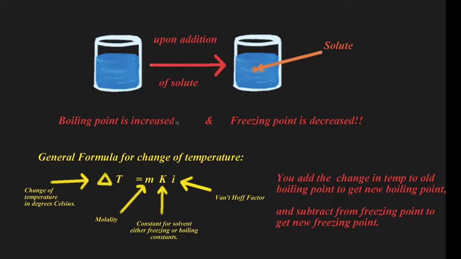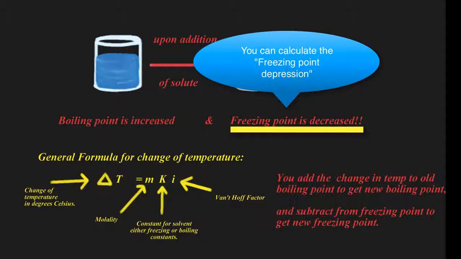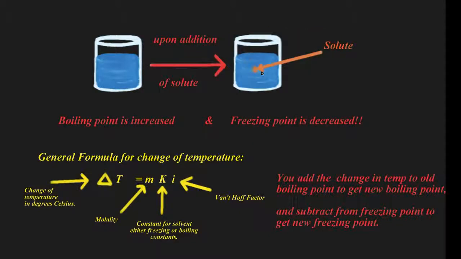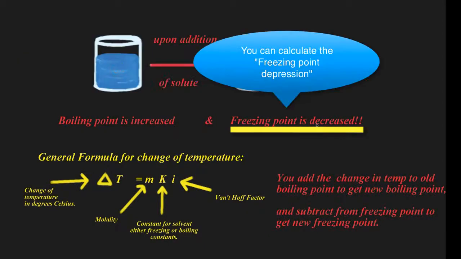And as a result, the boiling point is increased and the freezing point is decreased. Again, placing a solute in a solvent increases the boiling point and decreases the freezing point.